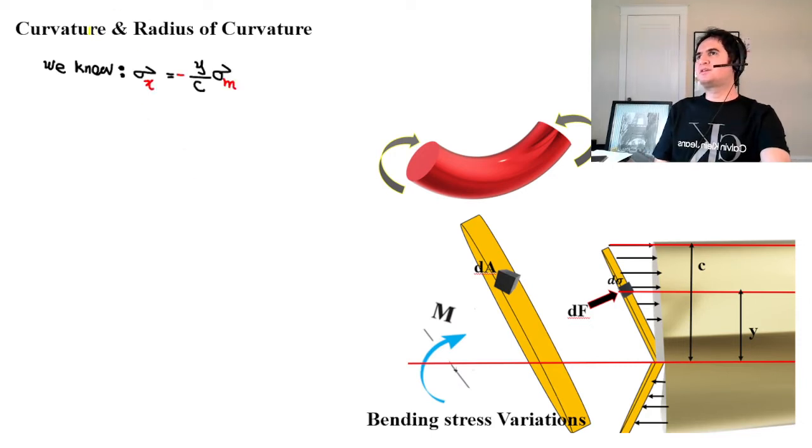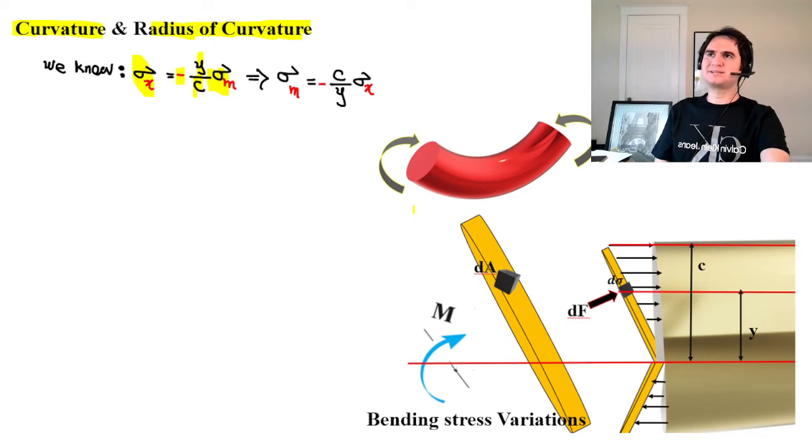If we want to calculate the curvature and radius of curvature, we know sigma x is negative y over c times sigma max. And sigma max, just rearranging, is negative c over y times sigma x.